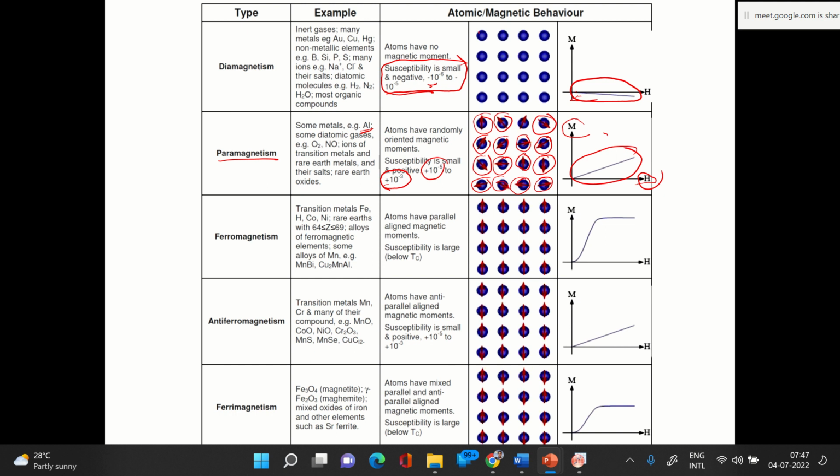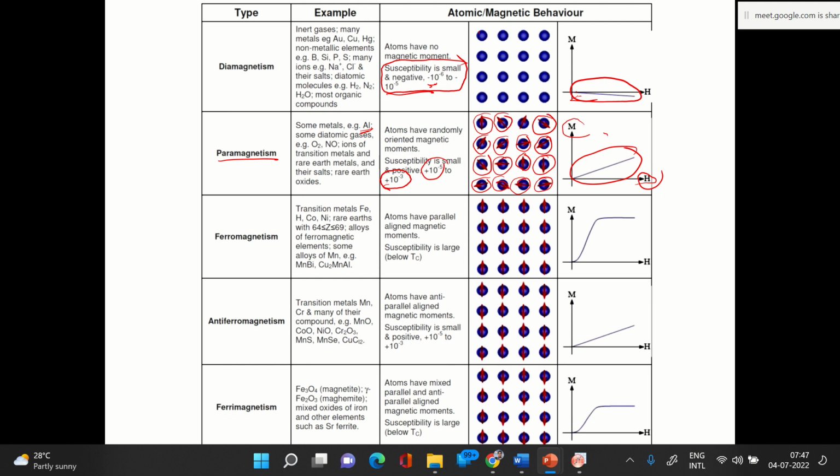Susceptibility is high, much higher, and so the graph will always have a larger slope as compared to that. In case of paramagnetic, as long as you apply the external magnetic field, spins get aligned and you have an increase in the magnetization.